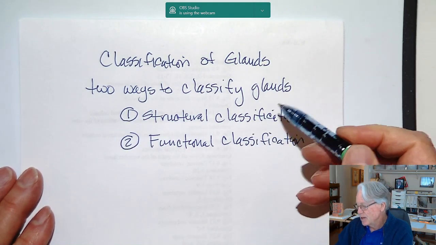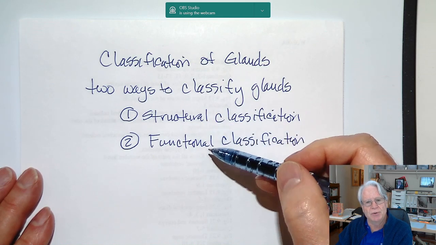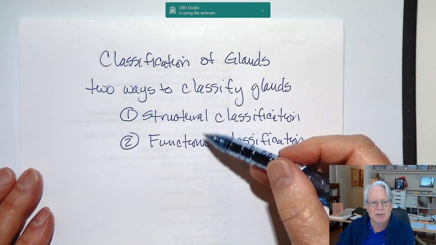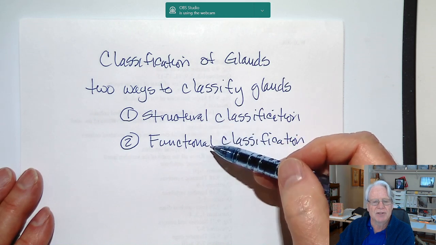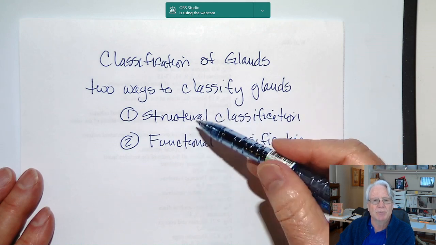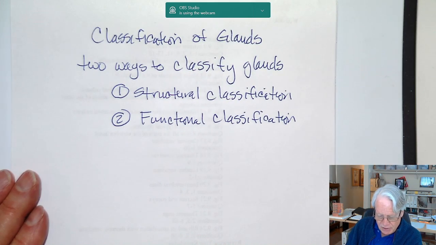And notice here, and you'll see this quite often as you go through these courses, when you're classifying things, they're often broken down either in a structural way or a functional way. Again, form follows function, so we see that playing out once again in the way that we look at our body and organize the various structures there.